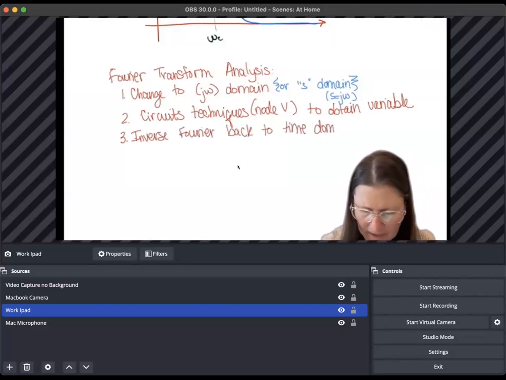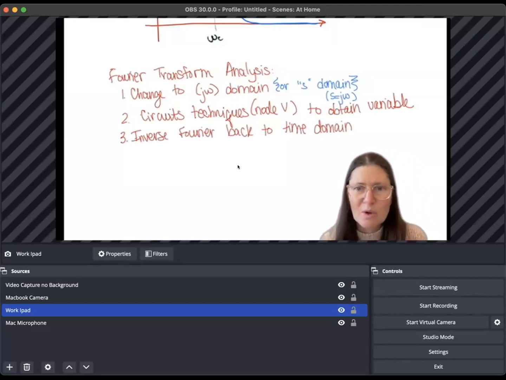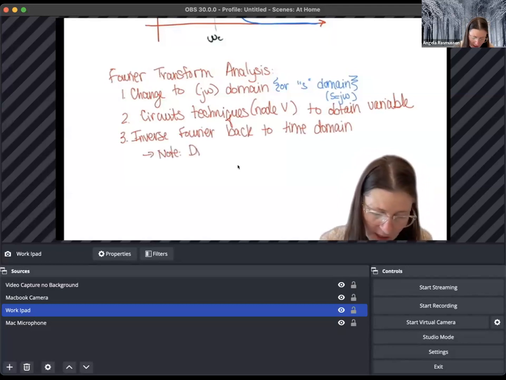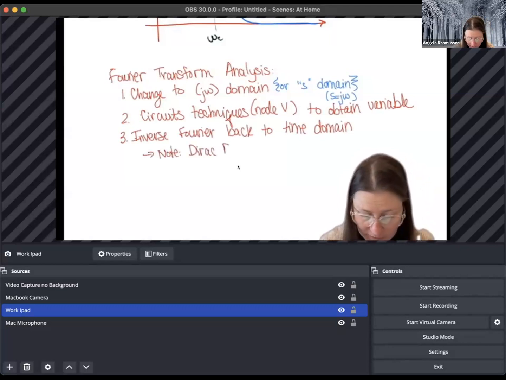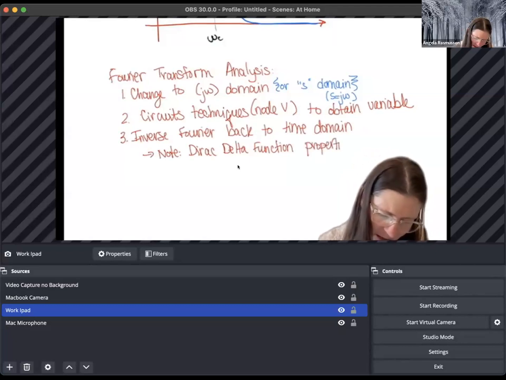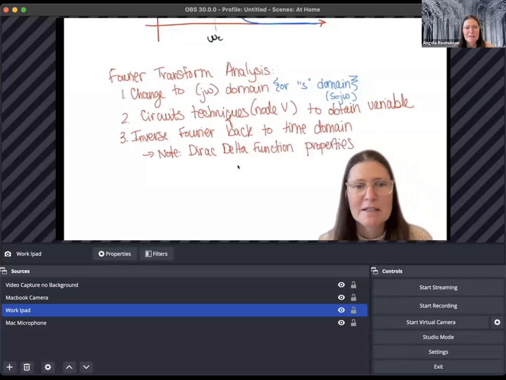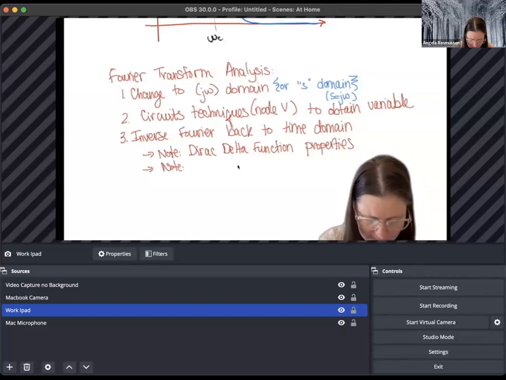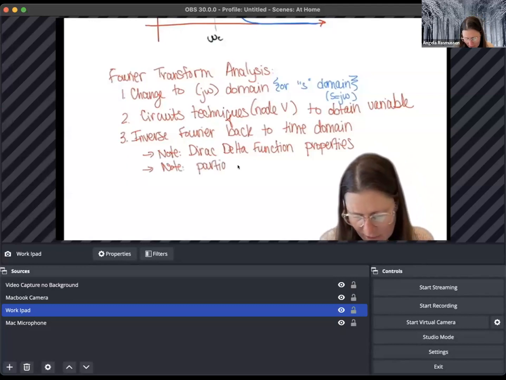With this one, you have to understand one other concept, which is the delta function properties. Yes, because that was the hiccup with the 10 something cosine. One of my videos will be on that. The other thing is that you may also need to use the partial fraction expansion again.